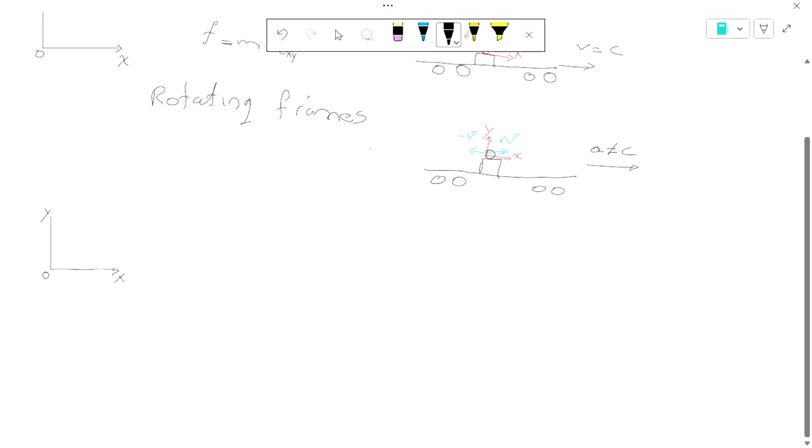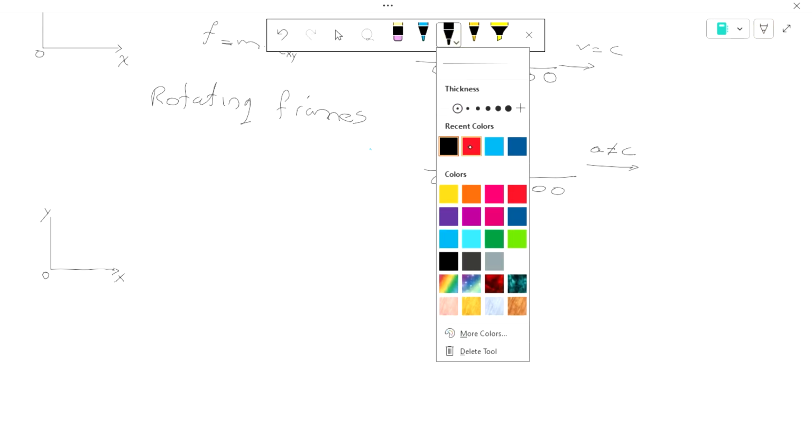So let's go ahead and decipher how to represent a rotating frame of reference. So let's say we're going to start from our coordinate system X and Y, where this is our origin, and we're going to have, say, two planets. So they have a big enough mass.